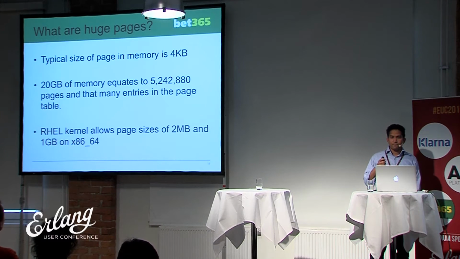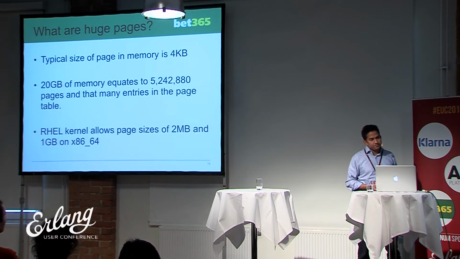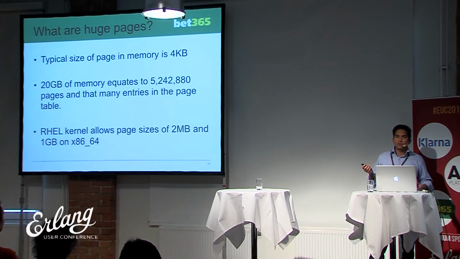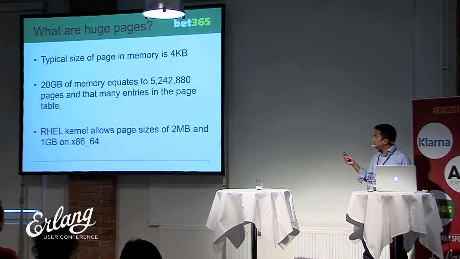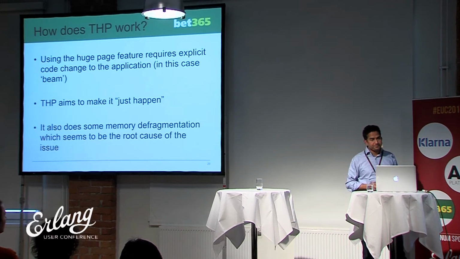So if you don't use huge pages, suddenly you're having to store this information in main memory, which slows it down. But the Red Hat kernel allows page sizes of 2 meg and 1 gig, and they recommend that if you've got main memory in the order of gigabytes on the box, you use a page size of 2 meg, or if you've got terabytes of RAM, then you use page sizes of a gig.